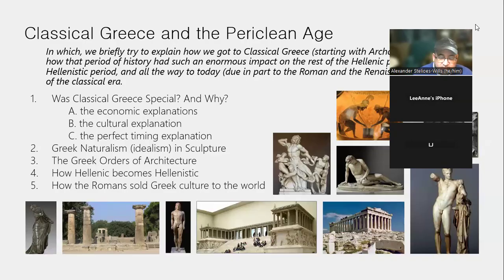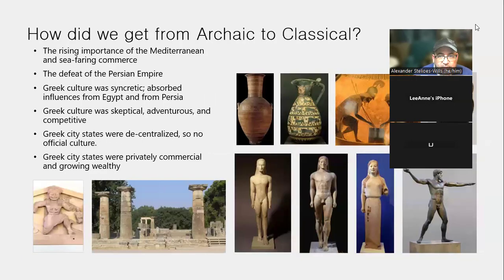Is it really special? There are explanations as to what happened historically, but there's also probably a bigger issue, which is how much is our bias? How much is just the way we read into things? How much do we see the Greeks as being special because they won, and because we have inherited so much from them?